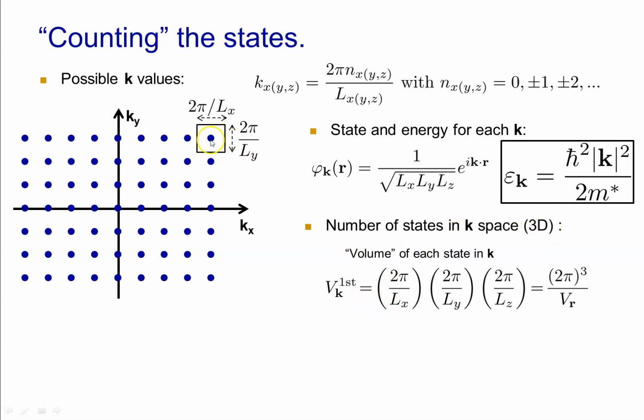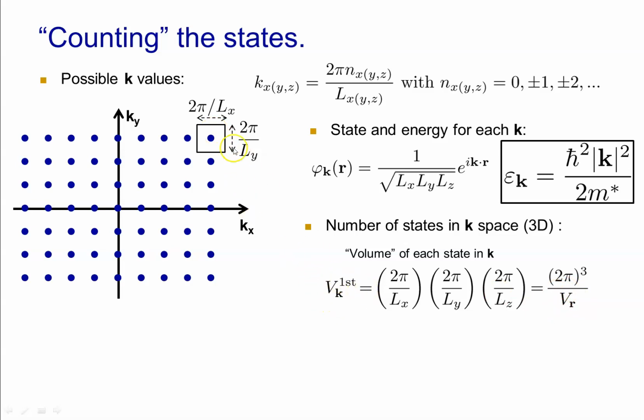I can think that the volume for each of these states is like a small cube of sides 2 pi over Lx, 2 pi over Ly, and 2 pi over Lz. So the volume of this cube is (2 pi) cubed divided by Lx times Ly times Lz, which is the total volume in real space, right?